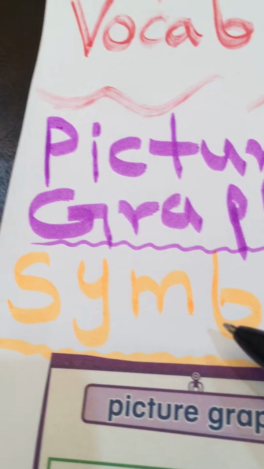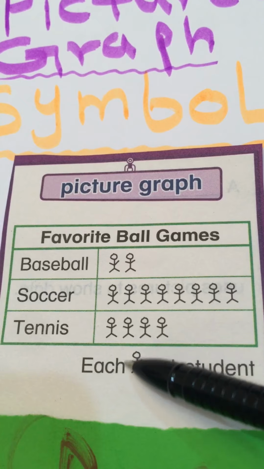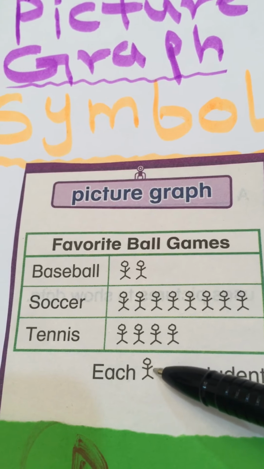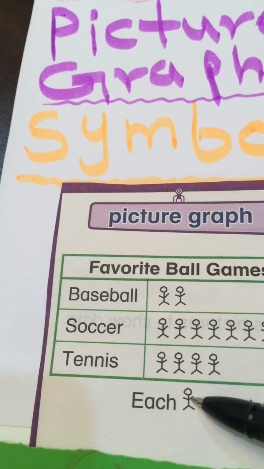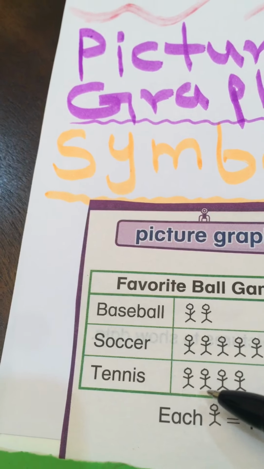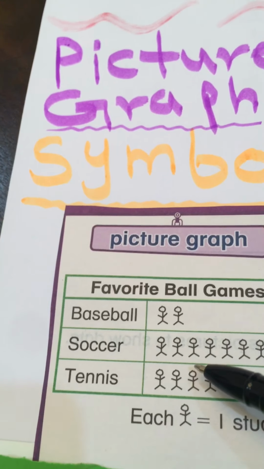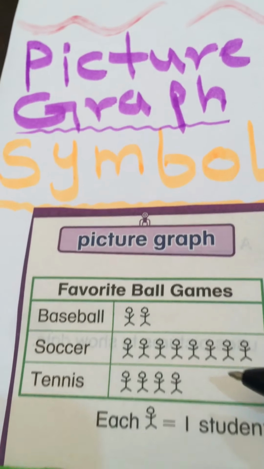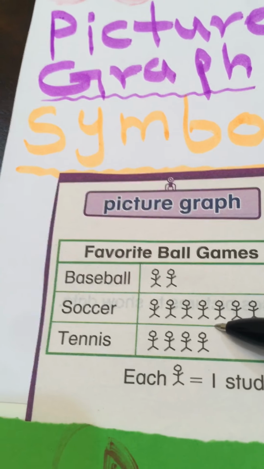What is the meaning of this symbol? It is when we use a picture or draw a shape or something like this instead to represent one of our numbers or our information. We use it for data. So in a picture graph, we use the picture to represent our data.